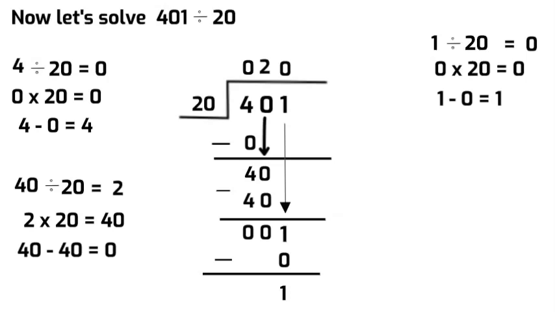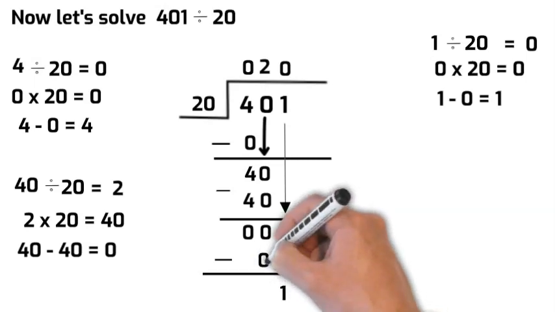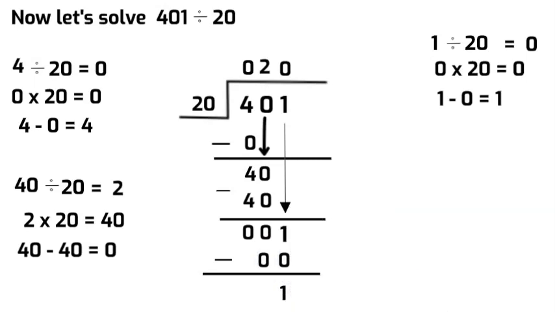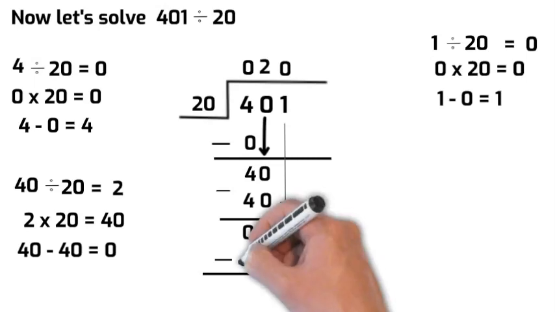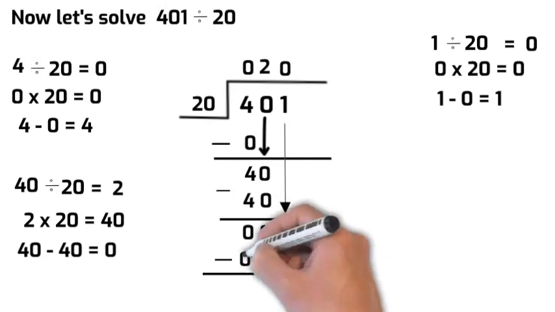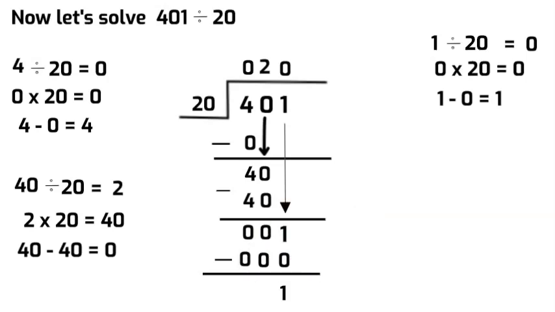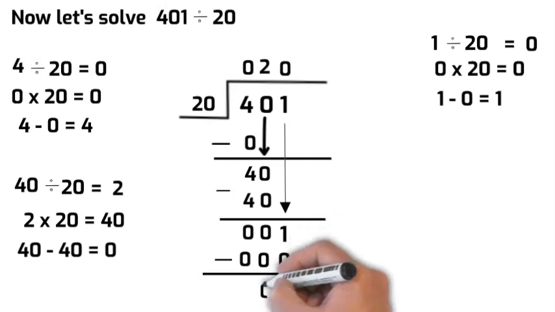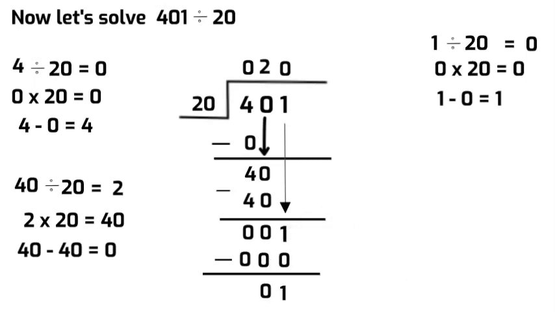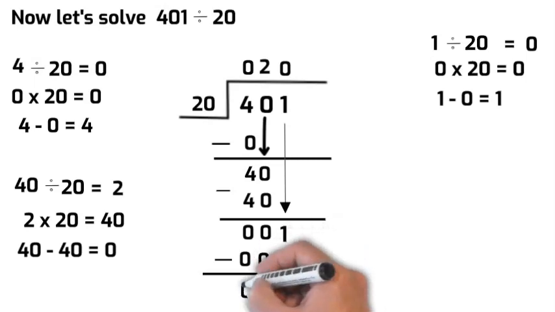We can place a 0 here, like this, and a 0 here, like this. 0 minus 0 gives us 0. 0 minus 0 gives us 0.